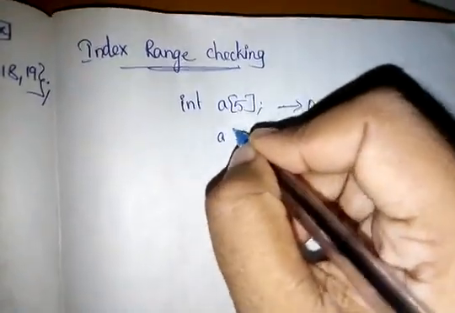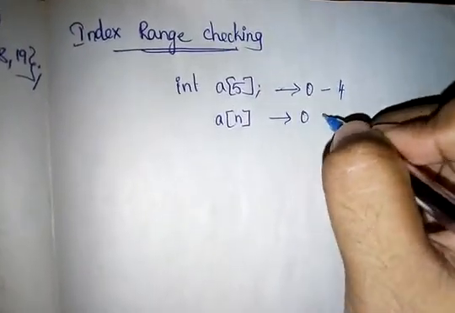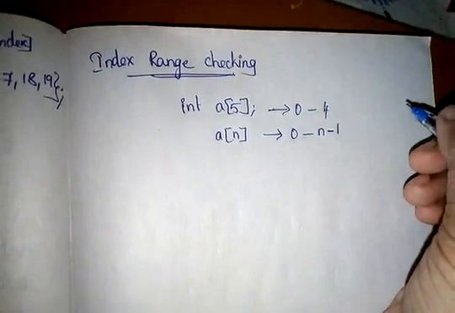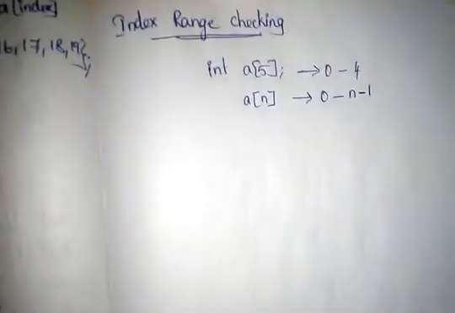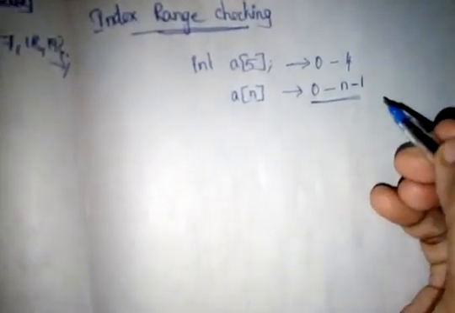So if you declare an array of size n, its range will start from 0 and end with n minus 1. So it is the responsibility of the programmer to take care of this index range.